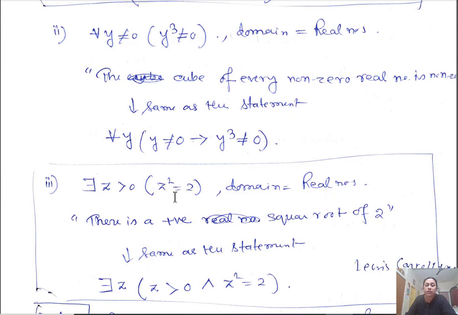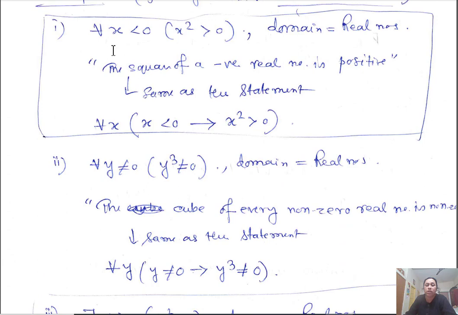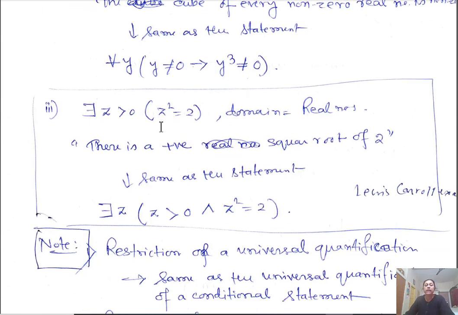That means there exists a positive square root of 2. This is the same as the statement there exists z such that z greater than 0 and z square equal to 2. So when you have there exists, it is not the implication. It is not an implication, whereas for all, this type of thing is an implication, but there exists is not an implication.